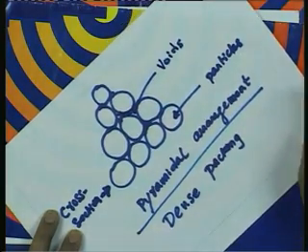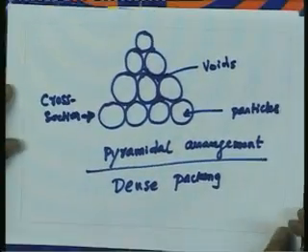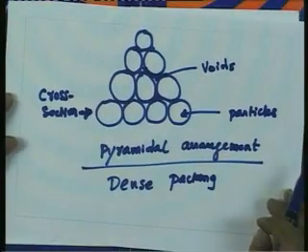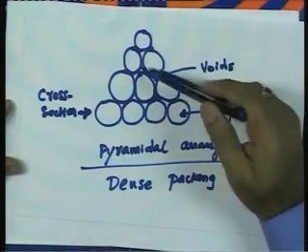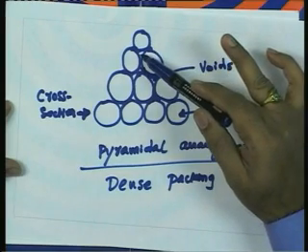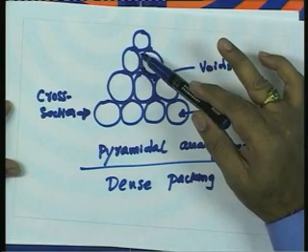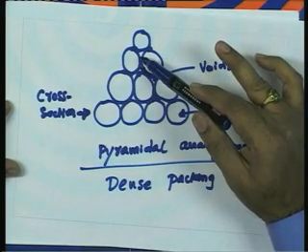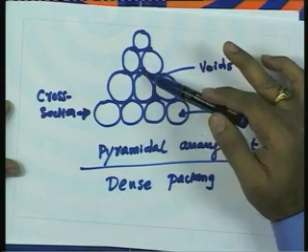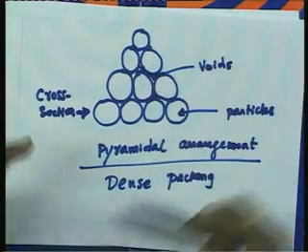It can be seen that this reduction in the voids yields minimum void ratio and high unit weight.